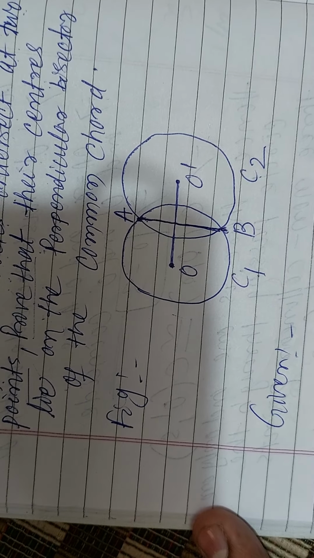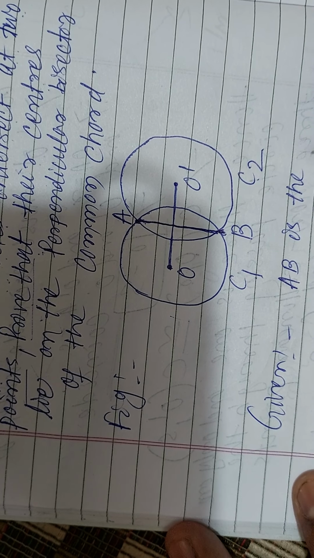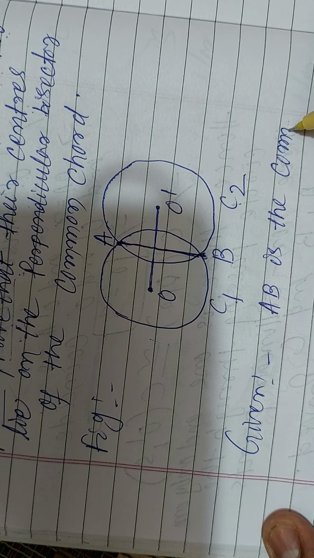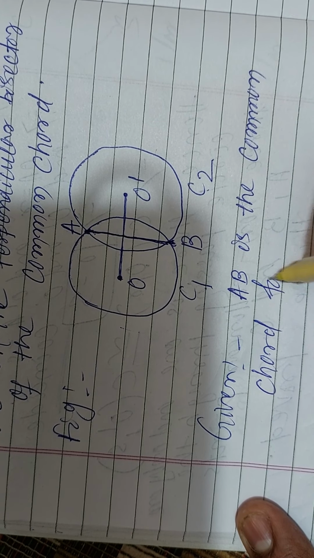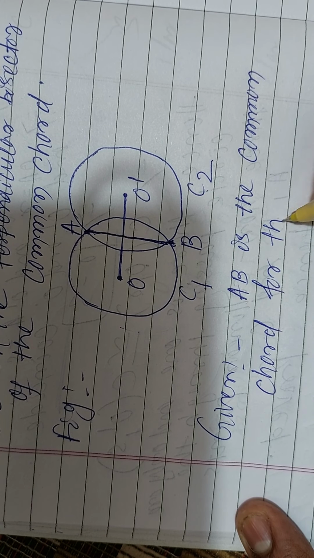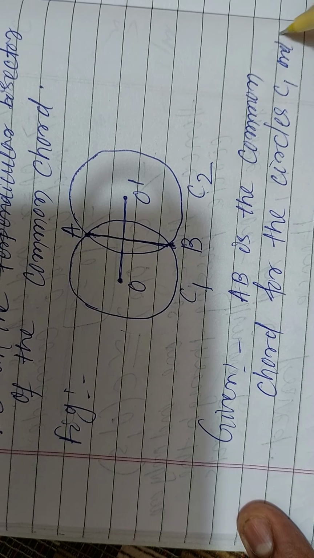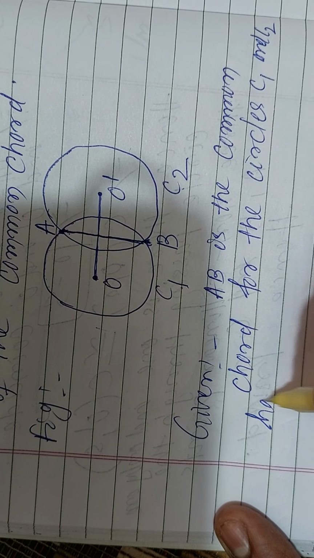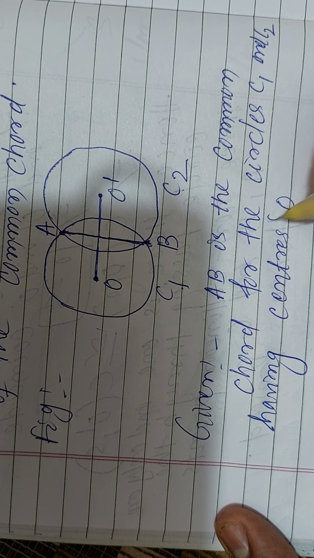We write: AB is the common chord for the circles C1 and C2 having centers O and O dash.